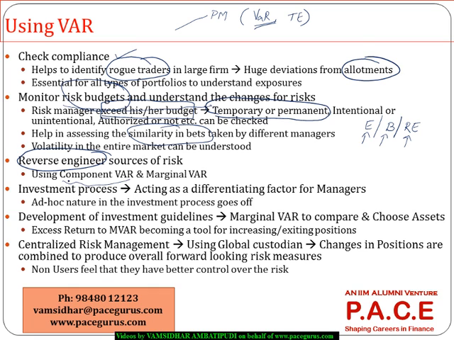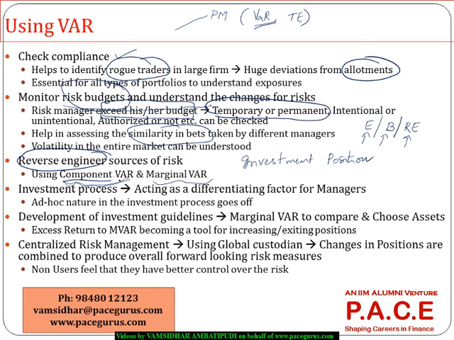We have already seen the meanings of component VAR and marginal VAR. How do I use this component VAR and marginal VAR to actually adjust my investment positions depending on whether my intention is to minimize the risk or maximize the value per unit of risk?